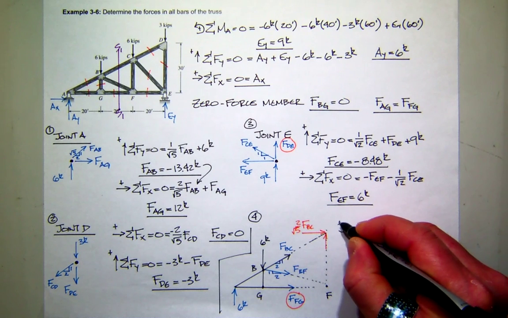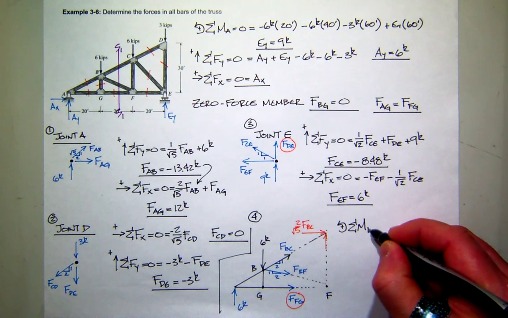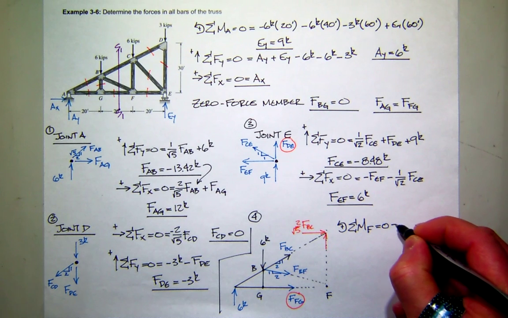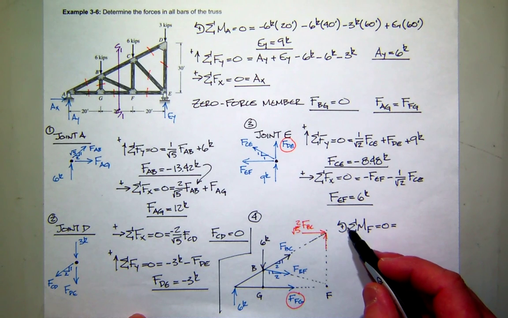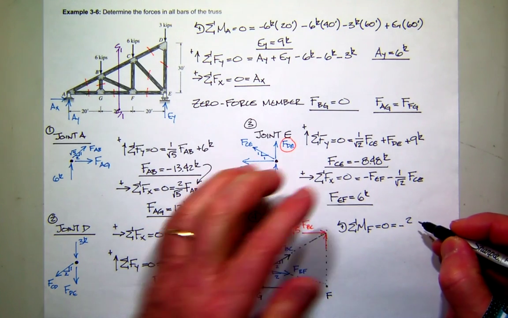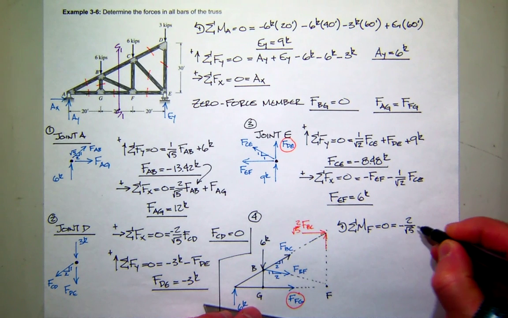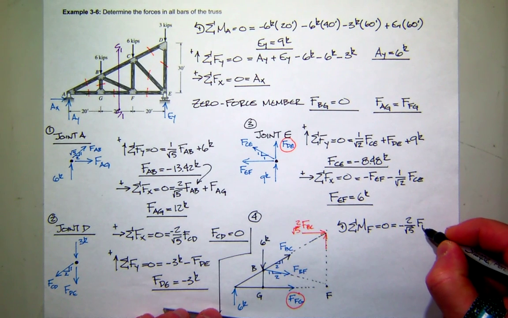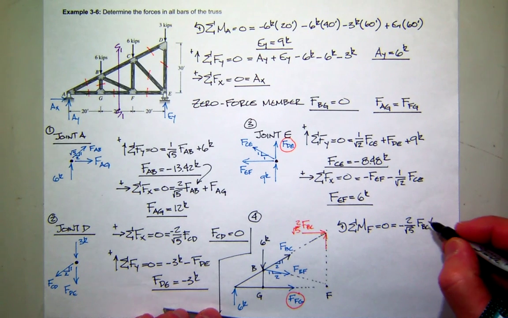So first we'll sum moments about F. And when I do that, this force creates positive or negative moment about F, according to my sign convention. Negative. So I'll have minus 2 over square root of 5 FBC times its moment arm, which is this height, which is 20 feet.